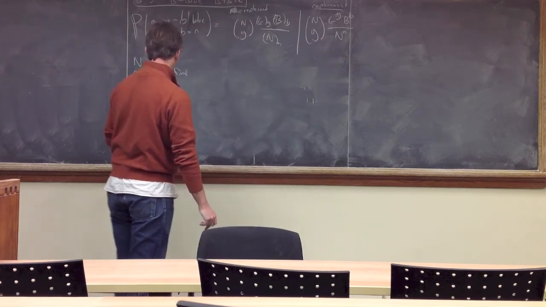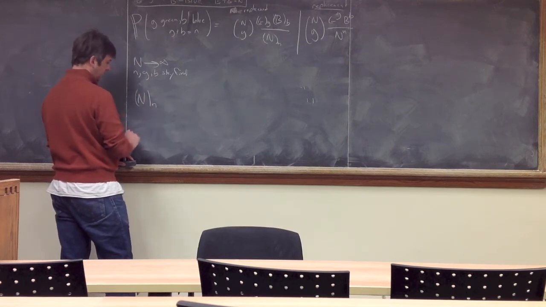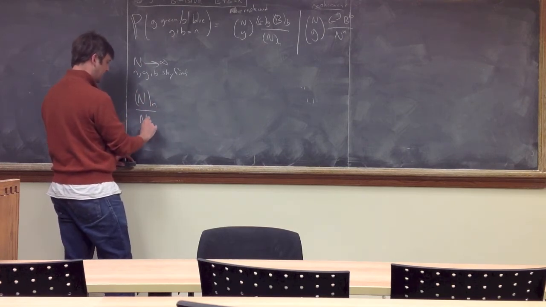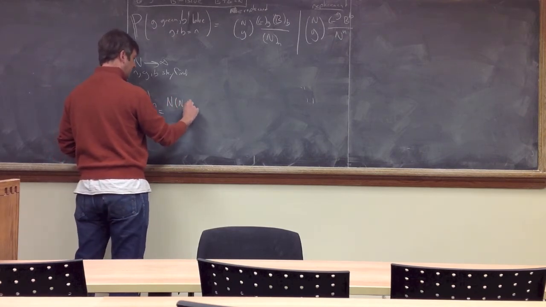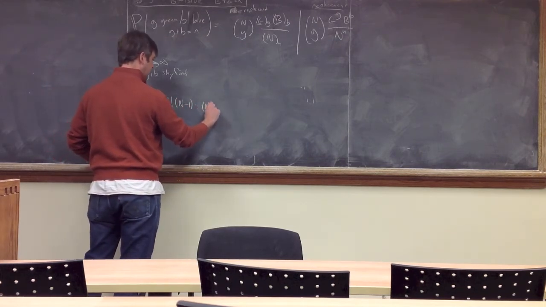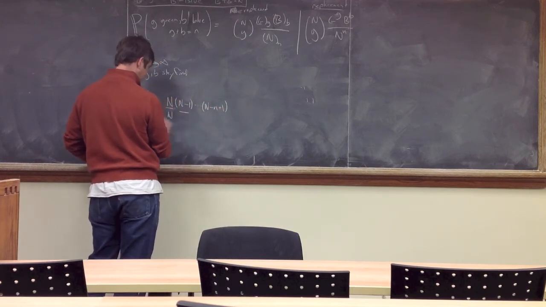So the first fundamental thing to notice is that if I look at capital N choose little n, and I compare that to big N to the n, well, this is N times N minus 1, all the way down to N minus n plus 1, and I'm dividing that by N to the n, and I have little n of them.